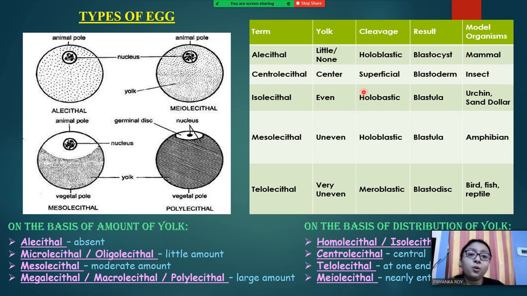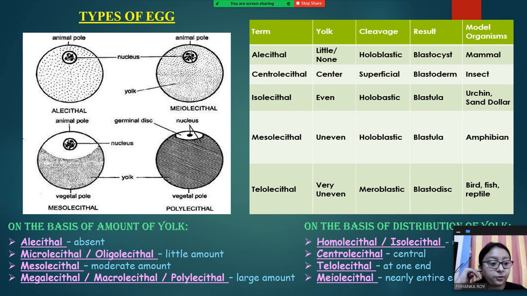And in case of centrolecithal egg, you can see that it has yolk in the central part. So the result will be a blastoderm, meaning the lining of the egg will only form the blastula, and the center part is covered with yolk. This is seen in case of insects.